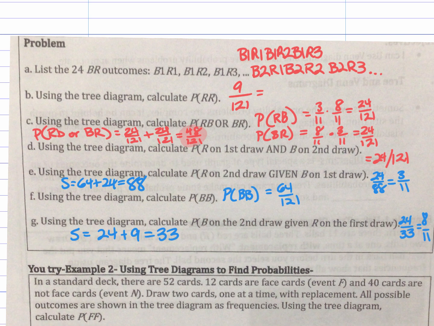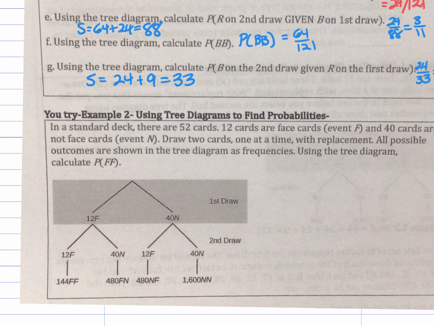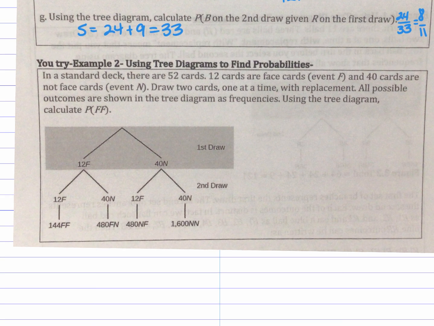of 11. All right. Example 2, you try, and I encourage you to pause and try this. Okay, assuming you paused and tried this, it says in a standard deck there are 52 cards, 12 cards are face cards, event F, and 40 cards are not face cards, event N. So we have the probability of F and the probability of N. And so F is face cards, there are 12 out of 52, and non-face cards, there are 40 out of 52.